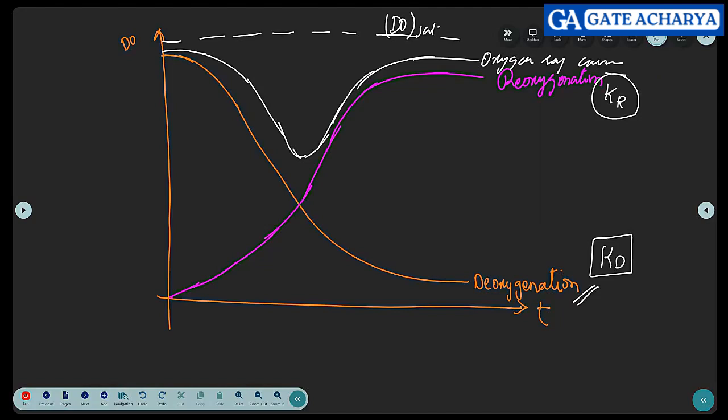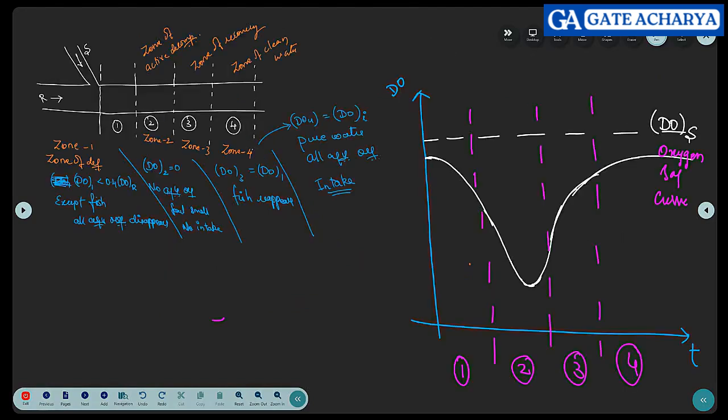Okay, fine. So going back to the 4 zones, let us consider the concepts of reoxygenation and deoxygenation. In the first zone, which will be higher and which will be lower? Will reoxygenation be higher or deoxygenation be higher?